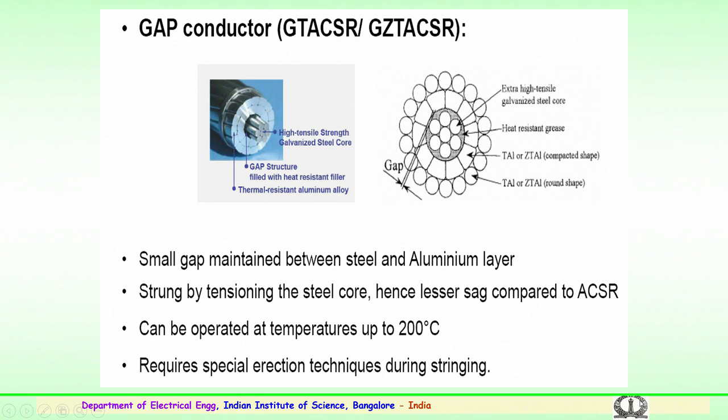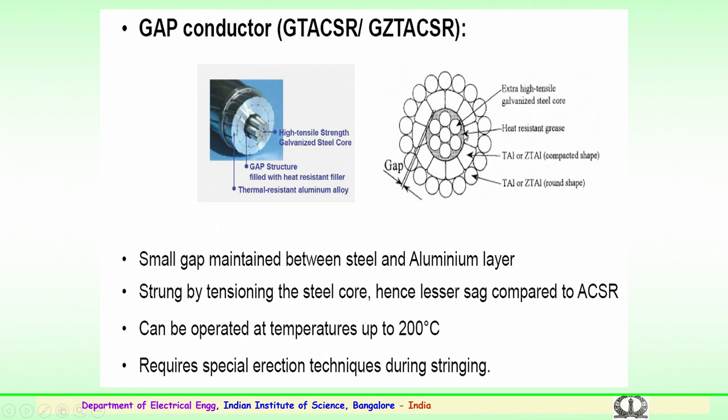So, the third is the gap conductor, GAP, which has a small gap. You can see the construction of the conductor here. These are the extra high tensile galvanized steel core.